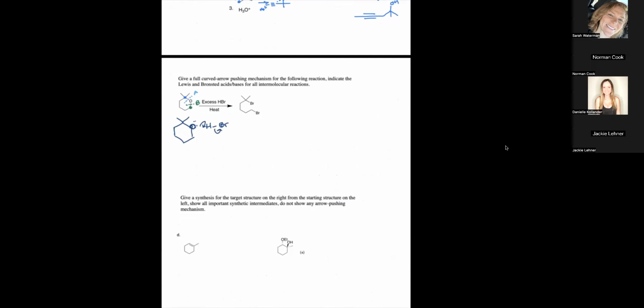And then this becomes OH, which is positive. And so then this will break off, and our Br will come on at the same time. So this will attack over here, and this is our SN2 reaction, right?